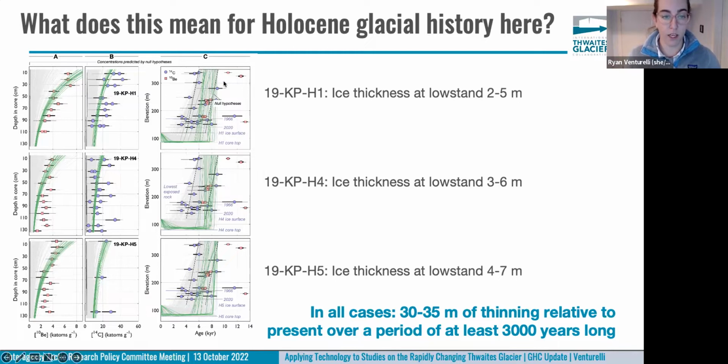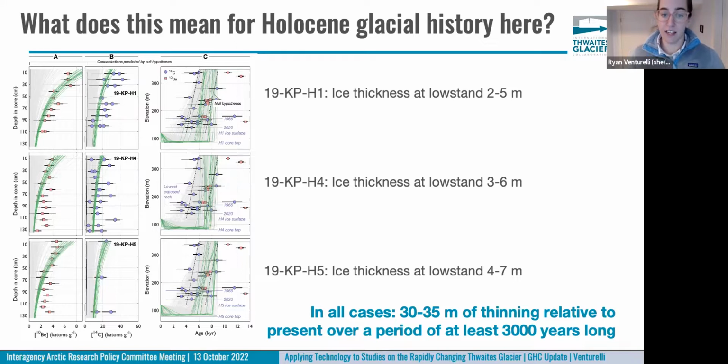And what I'm showing here on the rightmost panel of this figure is a thinning history from about 9,000 years ago to present. The modern ice surface is shown with this black horizontal line, and all of the green lines are ice histories that reproduce cosmogenic nuclide profiles that match our measurements.